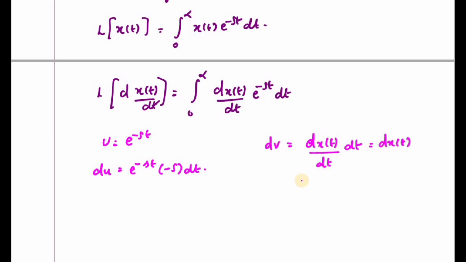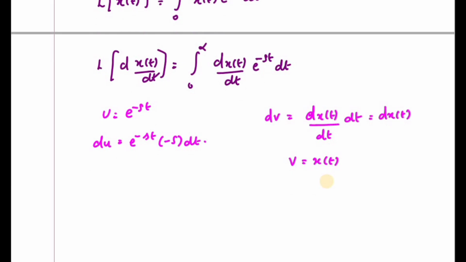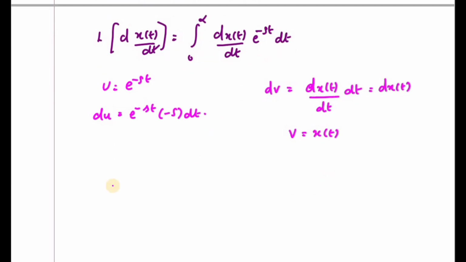If I integrate this dv, you will get v equal to x of t. So this looks like the integral of u dv, and you know the formula: integral of u dv is equal to uv minus integral of v du.